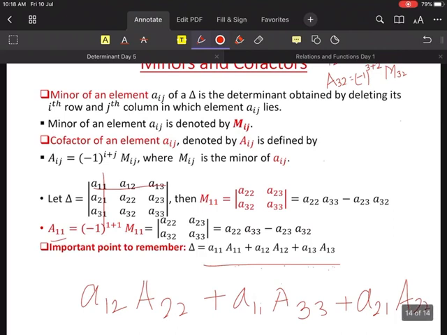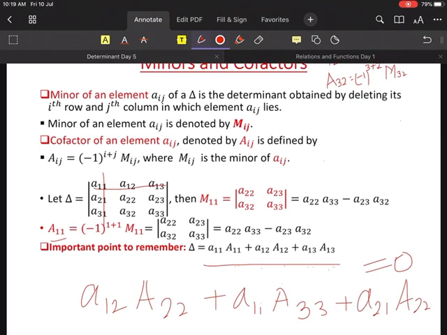Yes or no? Different cofactor, right? When you come across this, you don't have to think anything. Just write that it is equal to 0. Only when elements are multiplied with their corresponding cofactors will they give you a proper number, that is the determinant of that matrix. If it is not multiplied with its corresponding cofactor, then it will always be 0.